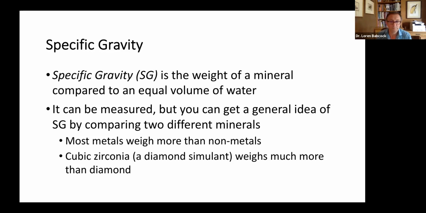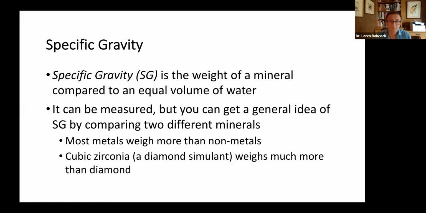cubic zirconia, which is perhaps the most common simulant of diamond in use today in jewelry, weighs considerably more than an actual diamond. And so if you have two cut specimens that are of equal dimension, that is to say the same distance across and the same distance in height, and you hold one in one hand and the other in the other hand, you can close your eyes and identify the cubic zirconia.